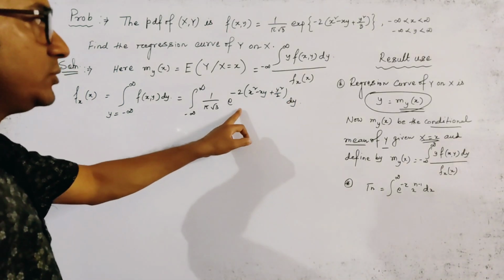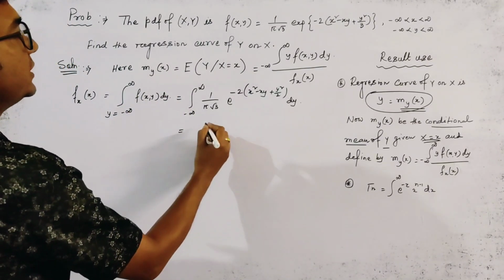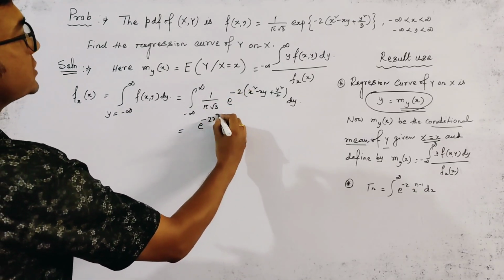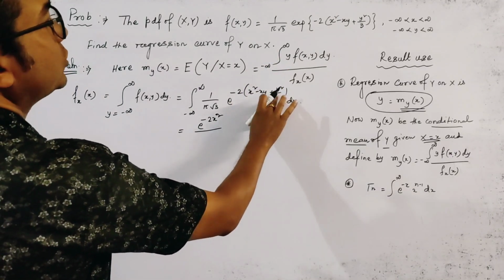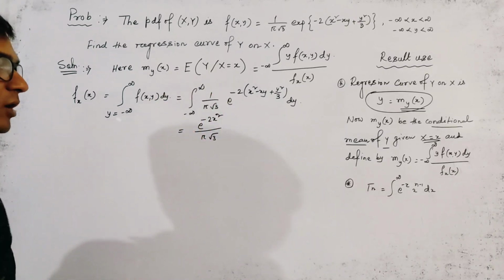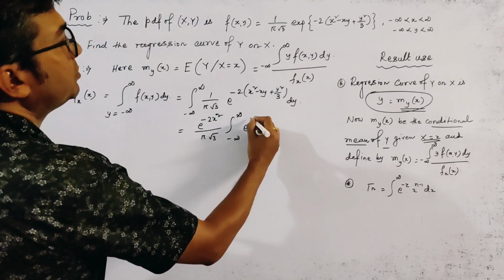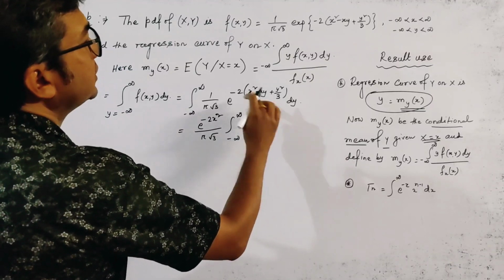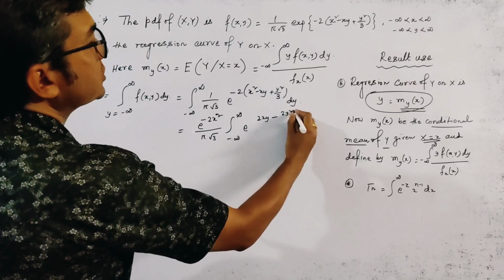Now since this integration is with respect to y, x is a constant, so we write the term containing x only, e to the power minus 2x square by, sorry, this is not 2, this is 3, by pi into root 3, outside the integration, and inside we have the integral from minus infinity to infinity of e to the power minus, this is minus 2xy plus, sorry, this is plus and this is minus, 2y square by 3, dy.